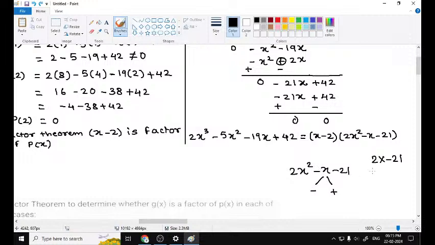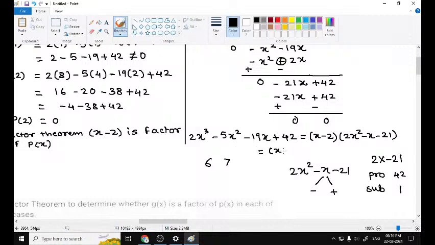So find out two numbers such that their product is 42 and difference is 1. Such numbers are 6 and 7. The bigger of this will get a sign of middle term. 7 is bigger, so it will get minus sign.